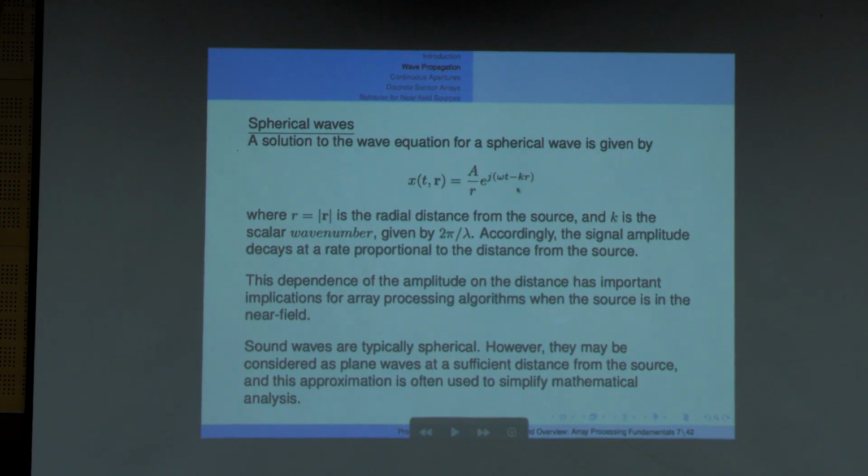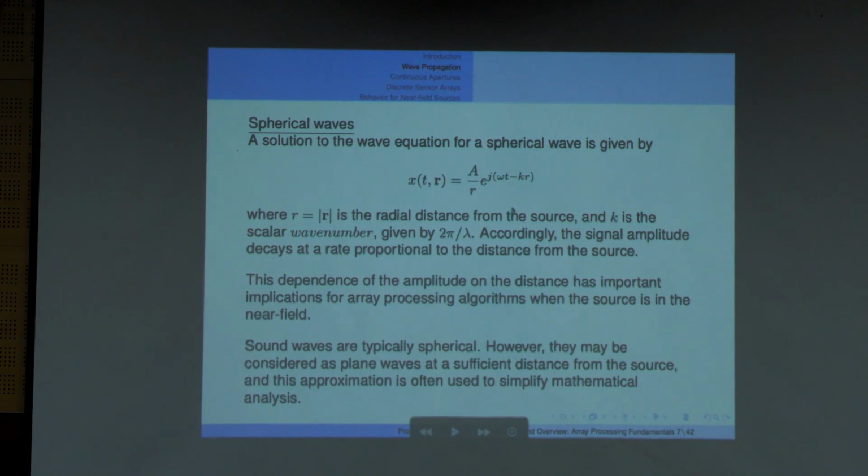So you see here, k is not a vector. K is a scalar here, the wave number, 2 pi over lambda, and R is the distance from the source.